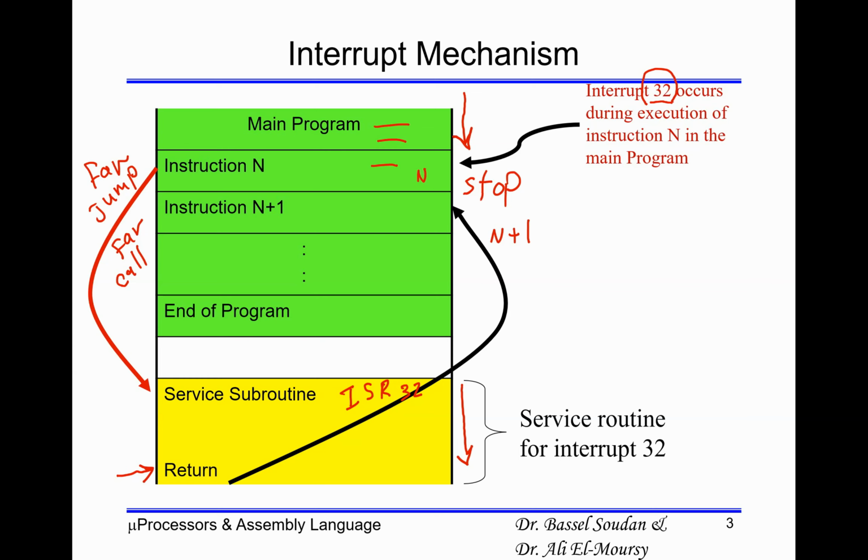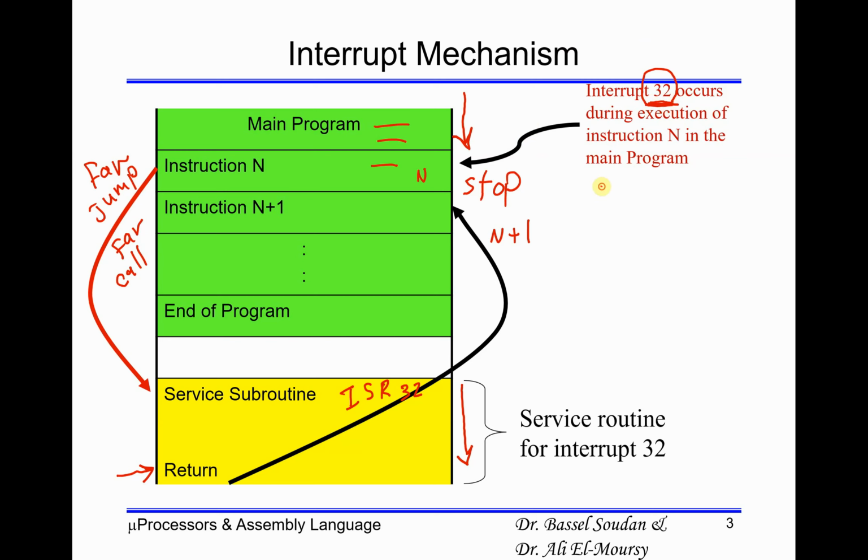But there are two things that we need to explain more here. The first is how the microprocessor knows where to go in the main memory, in particular to the ISR related to interrupt 32, because we don't have only interrupt 32 in the machine.